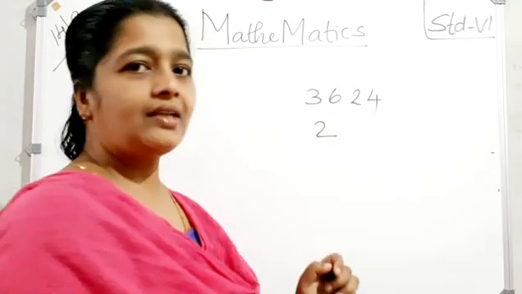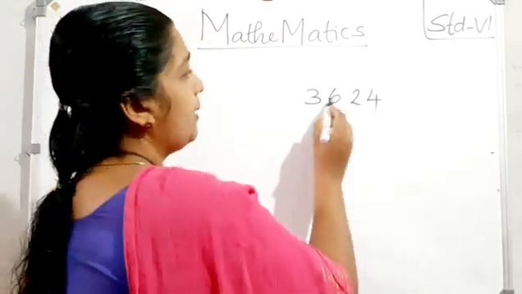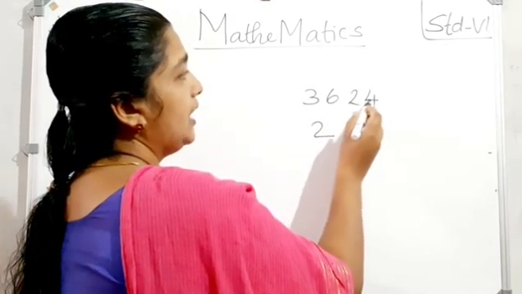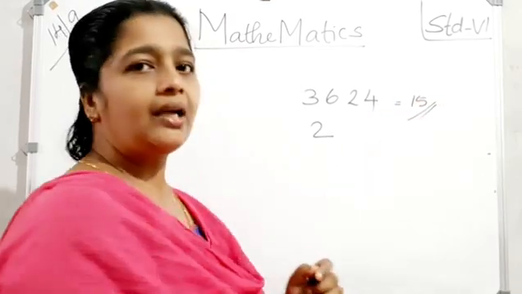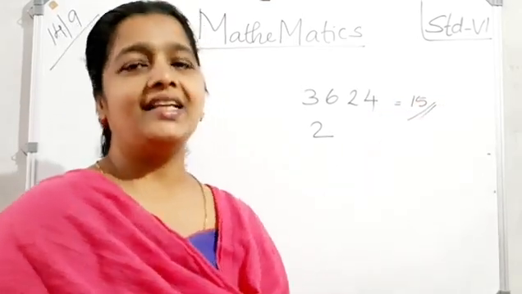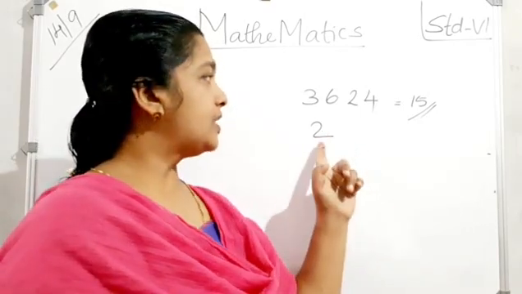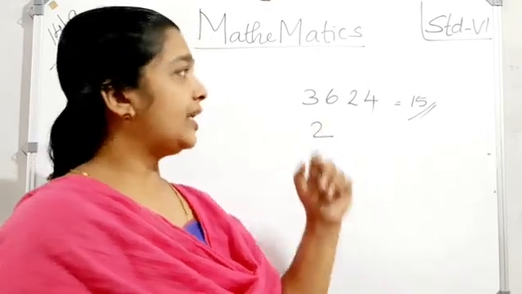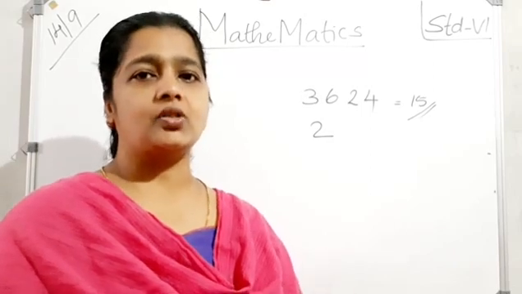Then how can we check divisibility by 3? 3 plus 6 equals 9, 9 plus 2 equals 11, 11 plus 4 equals 15. 15 is a multiple of 3. So here this number is divisible by 2 and 3. So we can say that 3624 is divisible by 6 also.